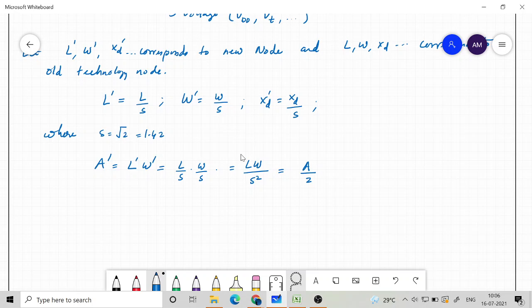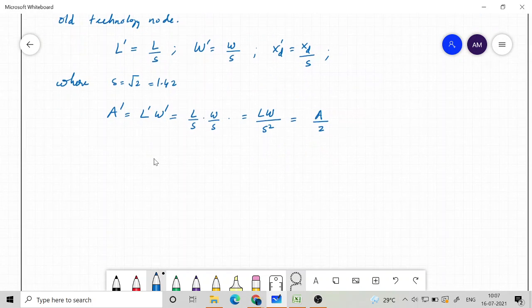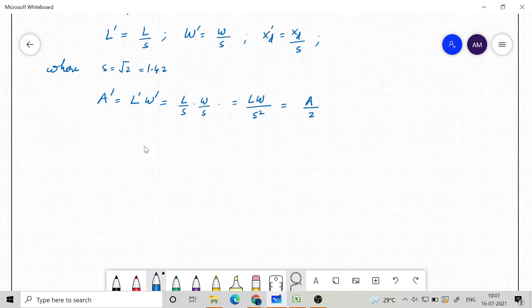Okay, so now as I told you, the second group of parameters, which is more difficult to scale down, is basically the voltage parameters. Let's look at the types of scaling.